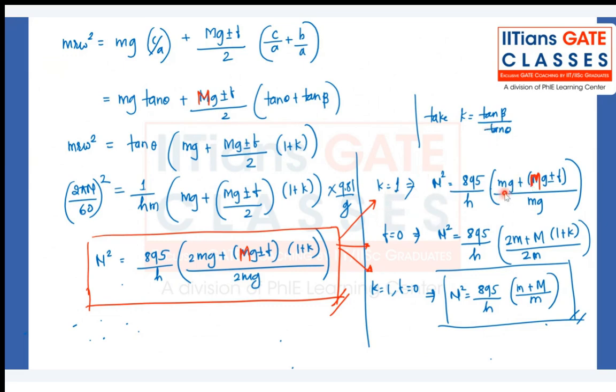You can reduce it like this. Then if friction force is 0, this is how it will look. And if both friction force is 0 as well as k is equal to 1, then the formula is the very simplified one, N square is equal to 895 h times (m plus M) by m. Mostly this is something they will ask.